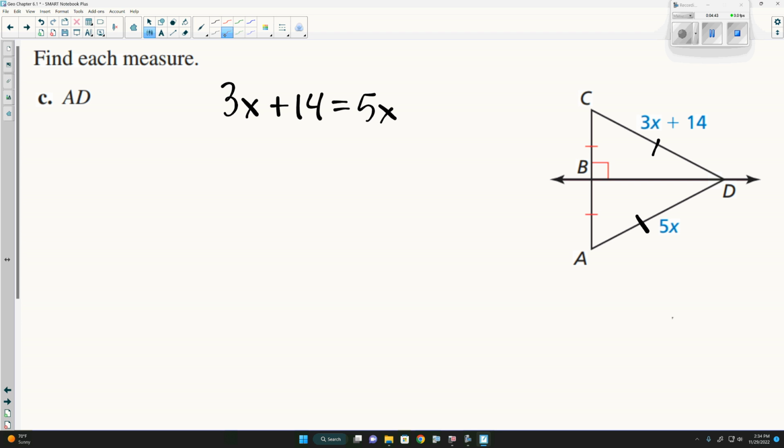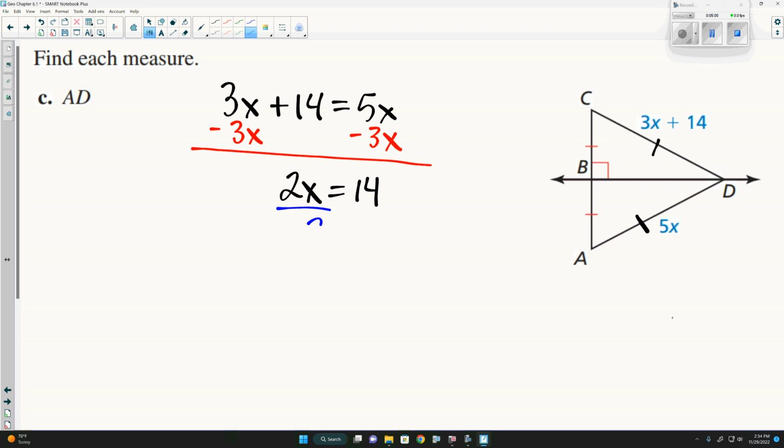Now we just need to solve for the value of x. So the first thing we can do is minus 3x from both sides, which tells us that 2x is equal to, and then divide both sides by 2, telling us x is equal to.